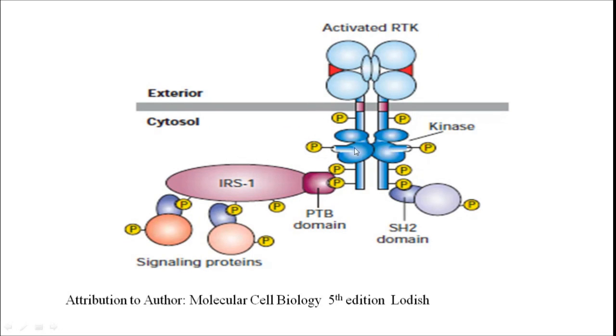In addition to the phosphorylation of the activation loop, it carries out autophosphorylation of other tyrosine residues present on the cytosolic domains. Here is your SH2 domain. After dimerization or activation of the RTK, it will move towards the plasma membrane, so that it helps in the association of different intracellular proteins with the activated receptor tyrosine kinase.